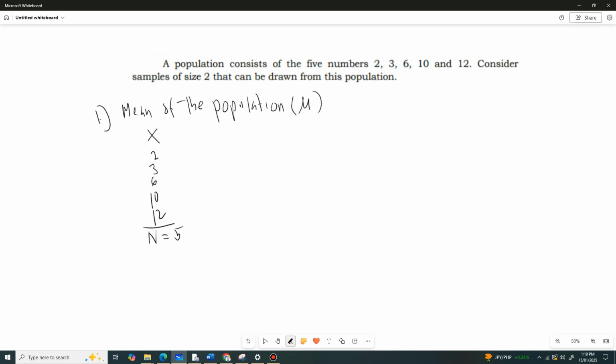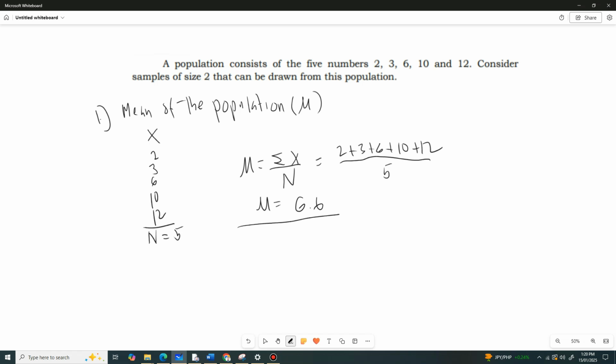The formula for the population mean is the summation of x divided by n. So we have 2 plus 3 plus 6 plus 10 plus 12 divided by 5, which will give us a population mean of 6.